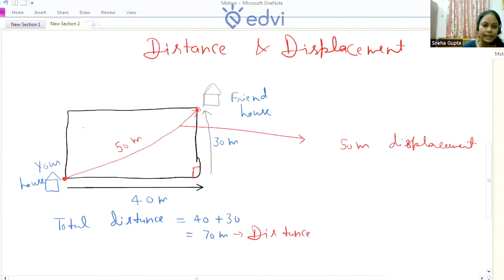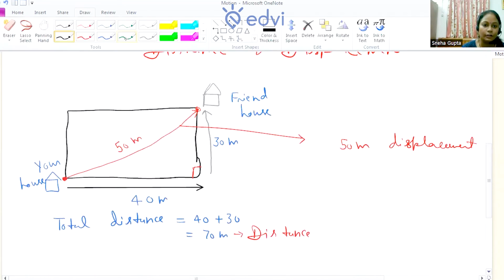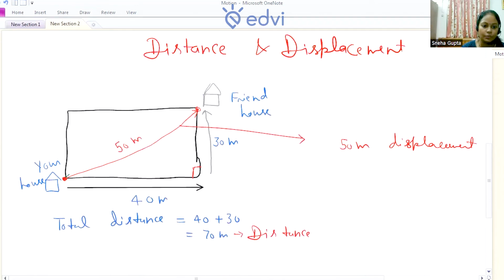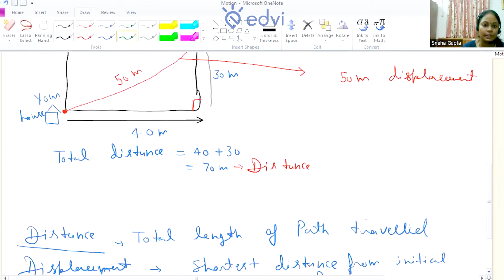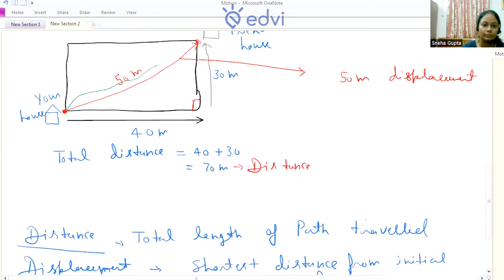In the same diagram, if I draw a figure like this, suppose you are not going straight, you are going something like this, some zigzag kind of path, not straight as the 50 meters. So how will you measure this distance exactly?